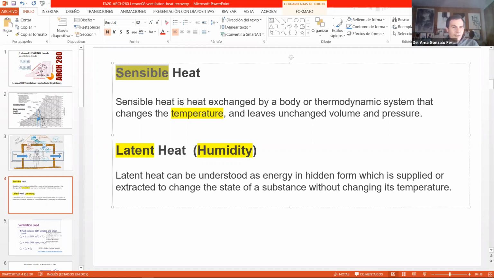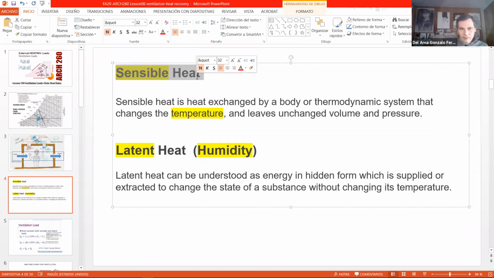So this is the concept of the latent heat. Okay, so latent heat has to do with changes in humidity, the amount of water that we have in the air. Sensible heat has to do with changes in temperature. So we don't have any change in the relative humidity with sensible heat.